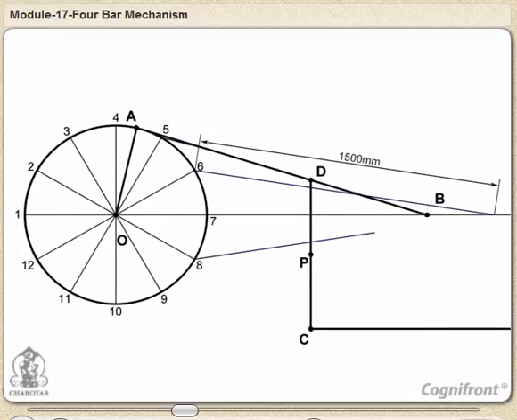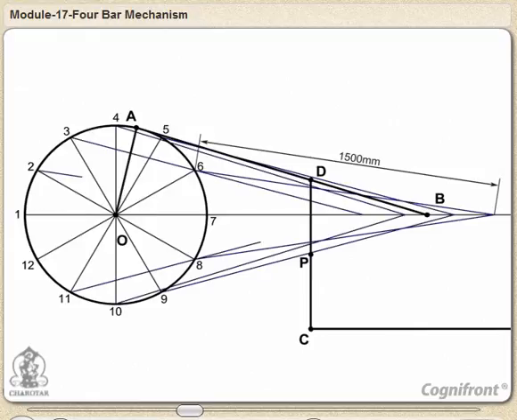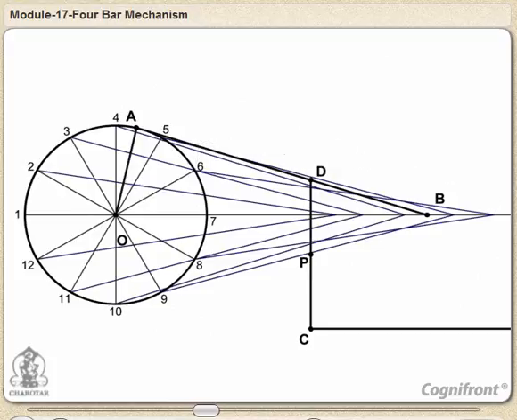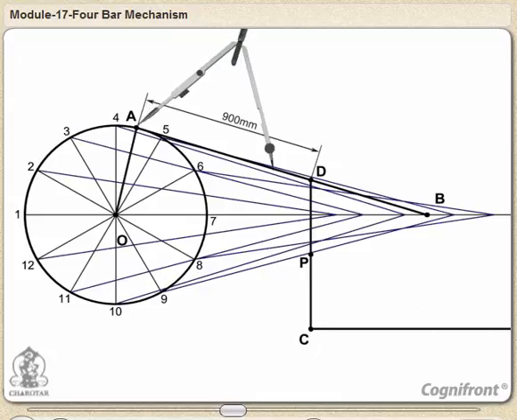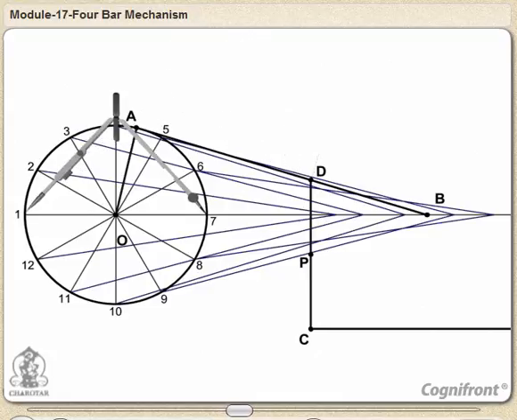We will determine the various positions of point D as follows. Now take the same distance from point 1 on the circle and mark point D1 on the line 1O. Similarly, mark points D2 to D12 on their respective lines.